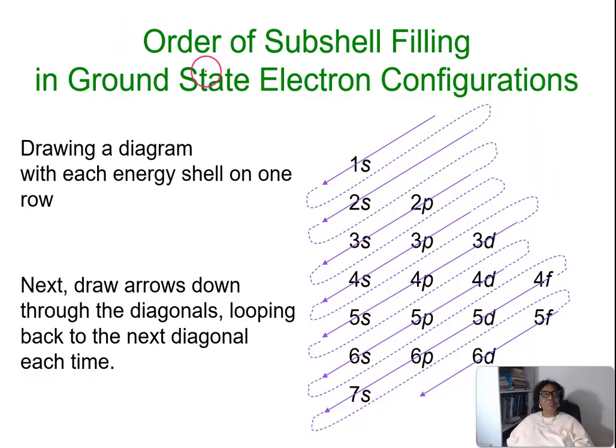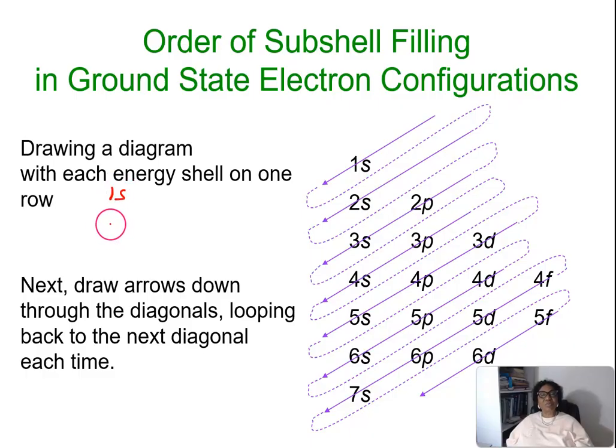So, we want to see the order in which these electrons fill. Draw a diagram with each energy shell on one row. Let's take, for example, this is 1s.